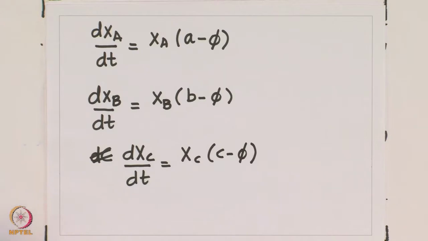What had helped me last time when I was only dealing with two distinct genotypes is that when we derived the differential equations, there were two differential equations, and I also had an algebraic relationship between those two variables such that xa plus xb is equal to 1.